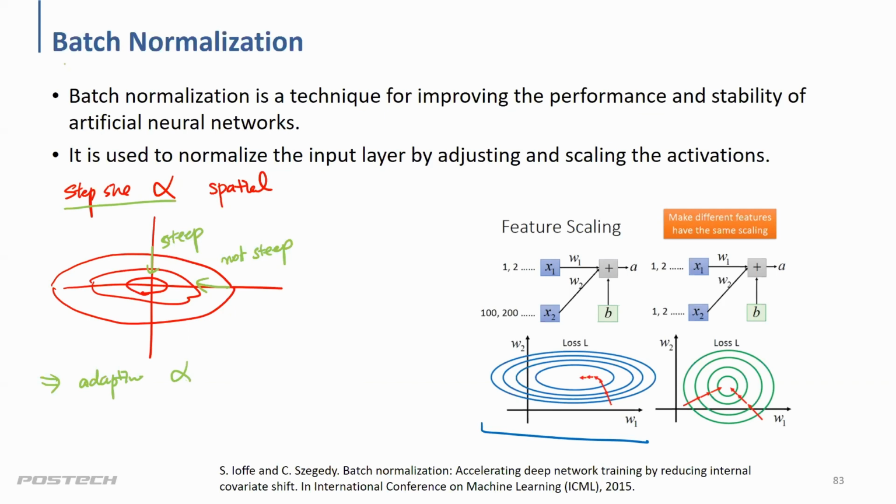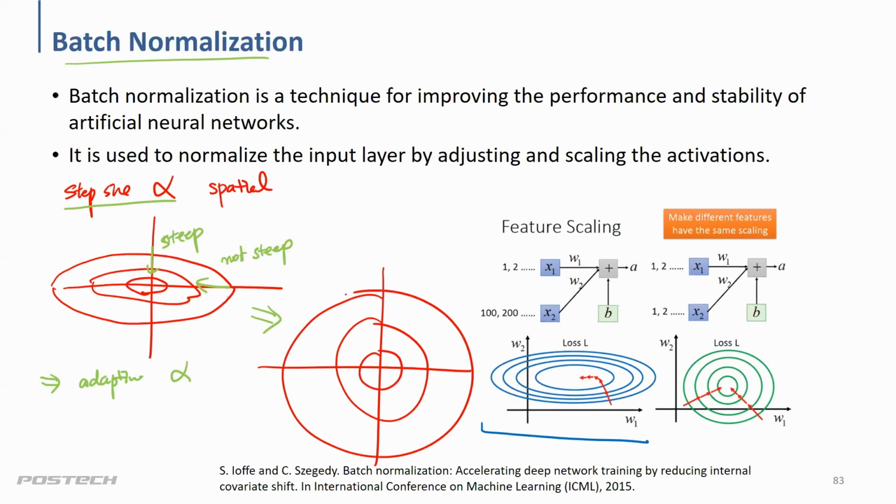If you do batch normalization, that means you're scaling down, so that you have similar scales in all different directions. In that case, even though we have a constant step size or learning rate, we're going to have a better optimization scheme.